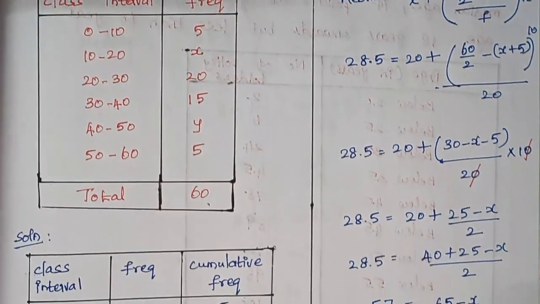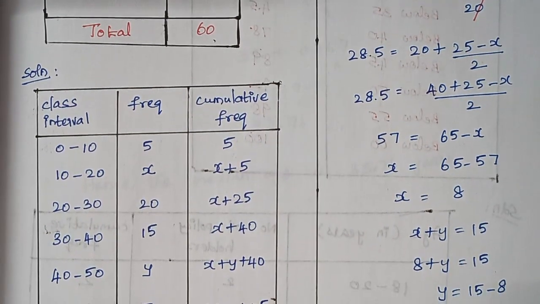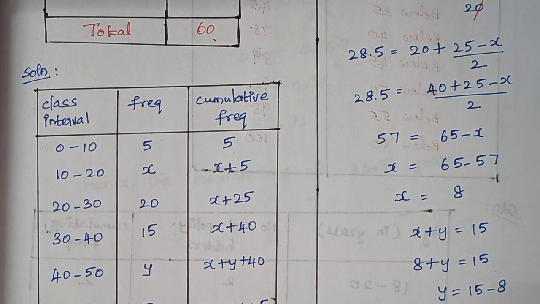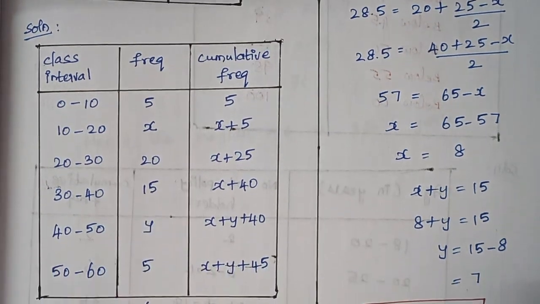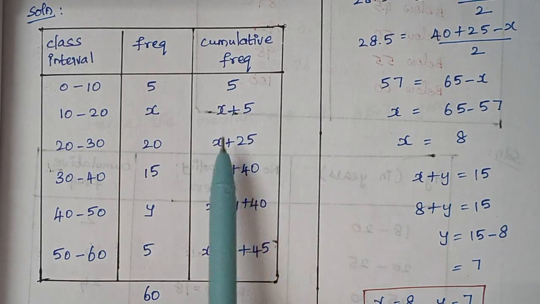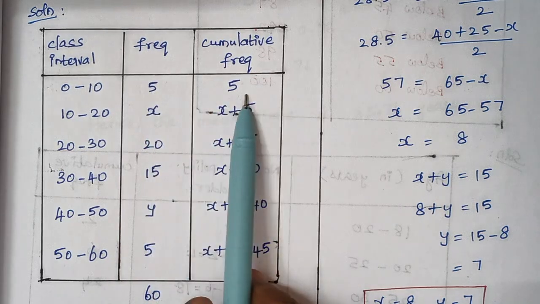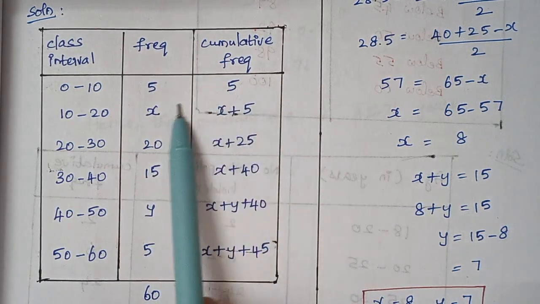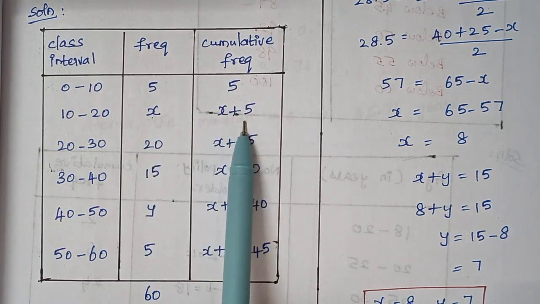So the first step in calculating the median is you have to calculate the cumulative frequency. So how to calculate the cumulative frequency? Here these two columns are given in the problem and the third column we just have to add the frequencies. The first value is 5, so just write down 5, and next you add this value. So 5 plus x, so here it is x plus 5.